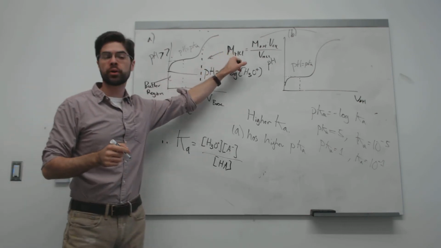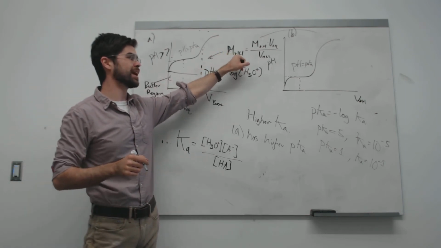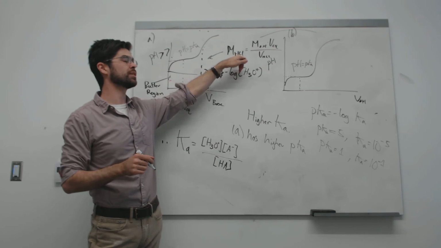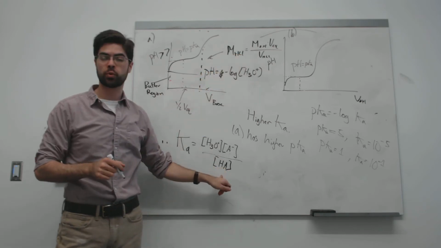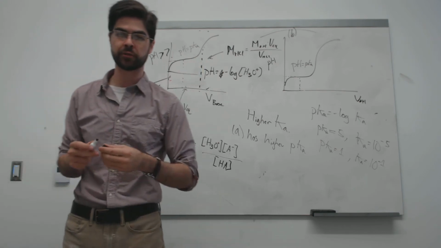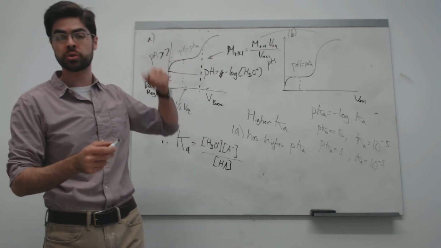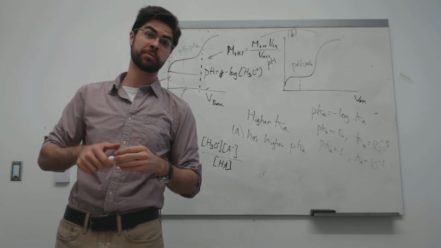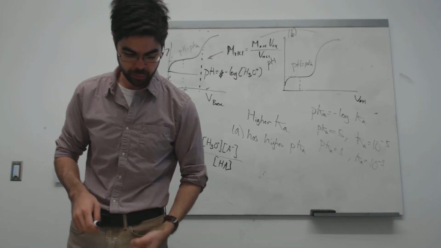Then you can get the molar concentration of, I'm sorry, that should be HF or some weak acid. Then you could figure out the concentration of your weak acid, and then you could figure out Ka. But again, at that point, you've already done the full titration anyway, so why not just use the approximation and say pH is equal to pKa at the half equivalence point.